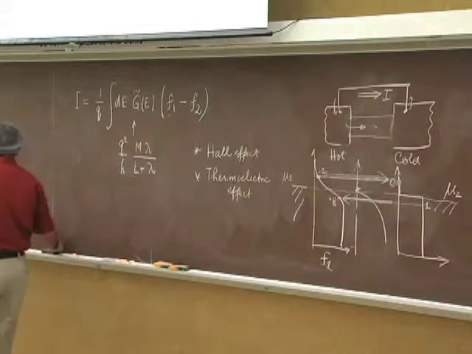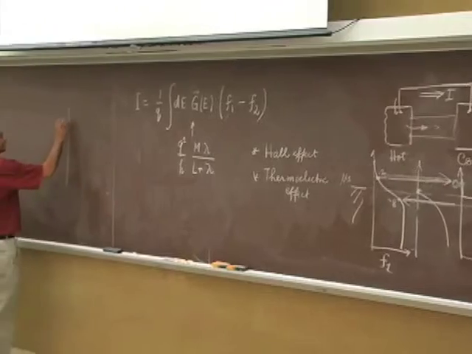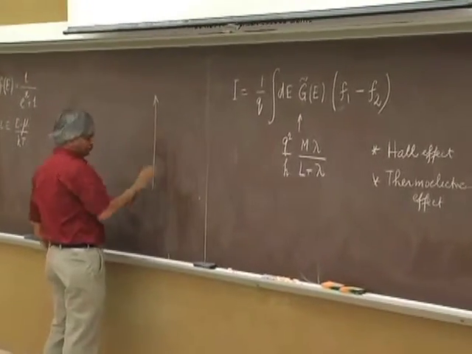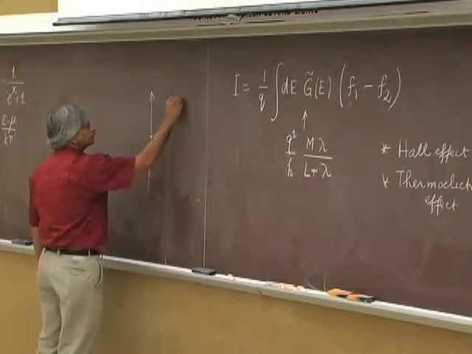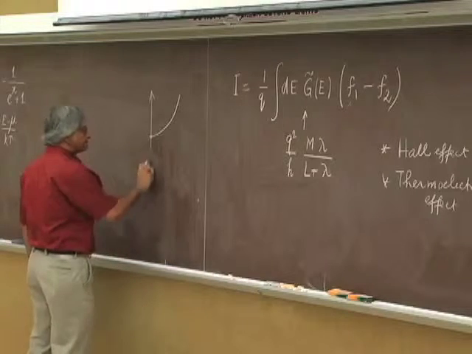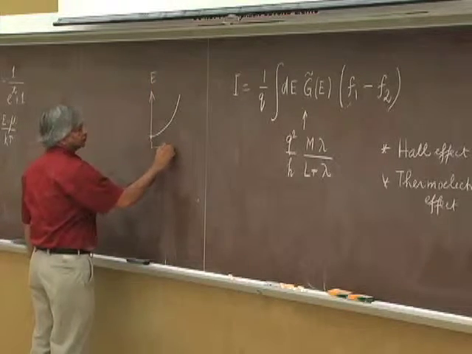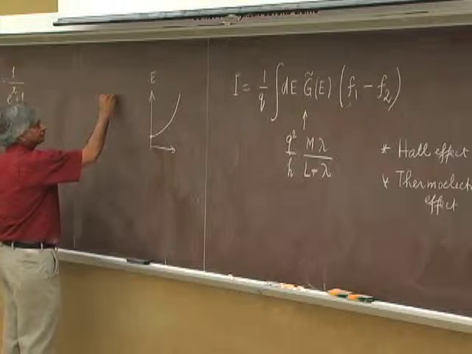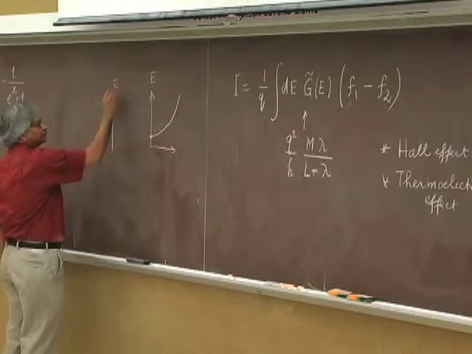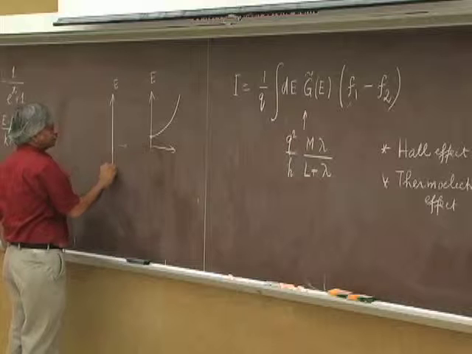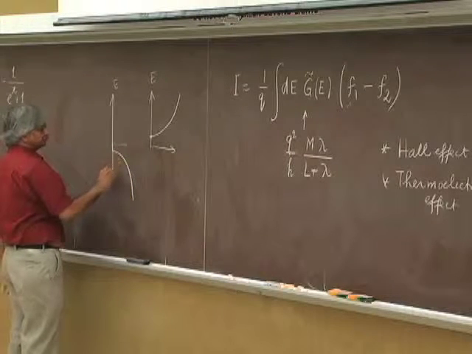It goes like this. If you look at the density of states, say something here, so this is E, this is like an N-type material, and say this is like a P-type material.